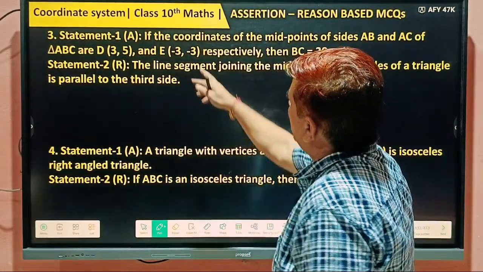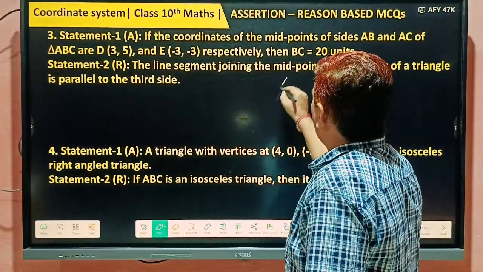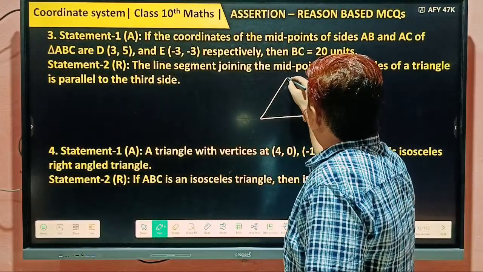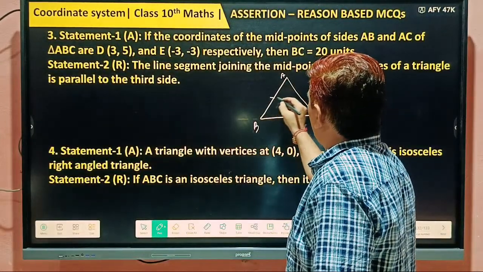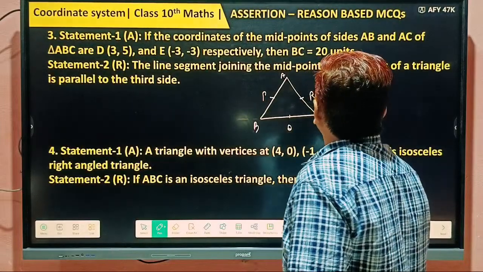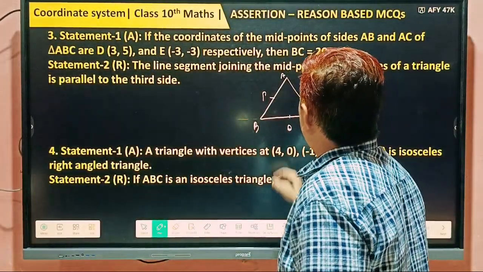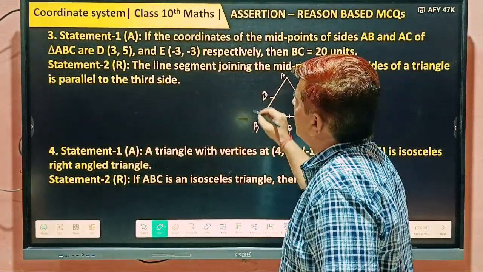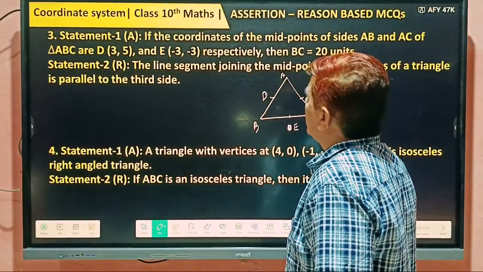It's given, we are having a triangle ABC. This is the midpoint P, this is the midpoint Q, this is the midpoint R. Here D, E, F are given.